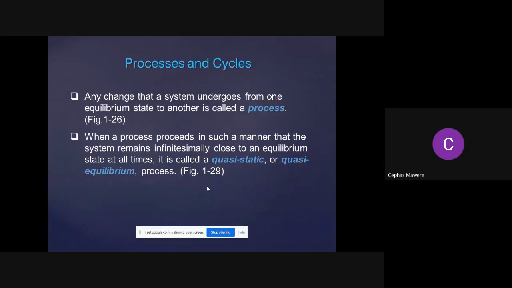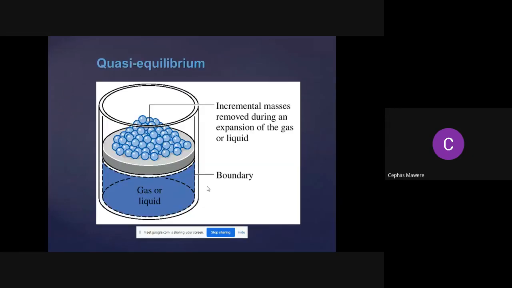Now, you also need to appreciate that in thermodynamics, we've got processes and cycles. Any change that a system undergoes from one equilibrium state to another is called a process. And when a process proceeds in such a manner that the system remains infinitesimally close to an equilibrium state at all times, that process is known as a quasi-static or quasi-equilibrium process, as you can see in this diagram.